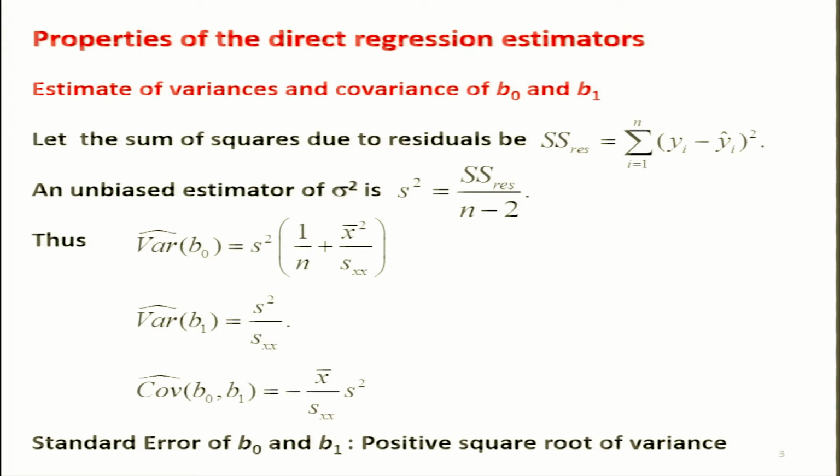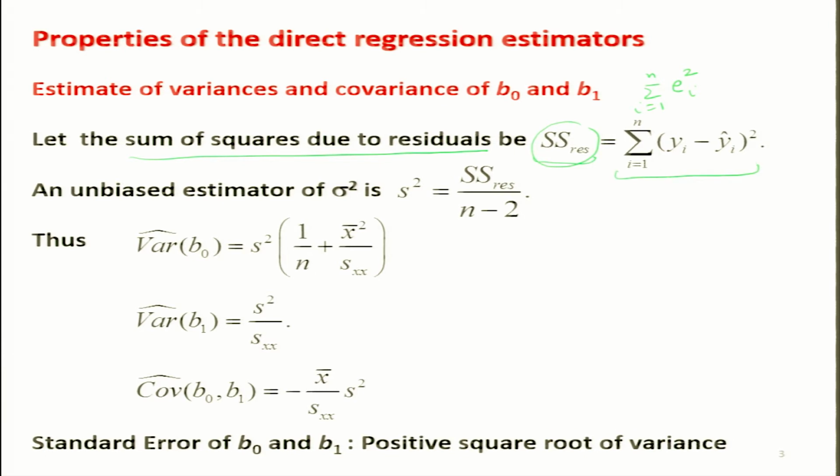We will consider here a quantity called the sum of squares due to residuals. You remember that last time we had obtained the residuals E 1, E 2, E n. You simply find their sum of squares, sum of E i squares, and this is called the sum of squares due to residuals.